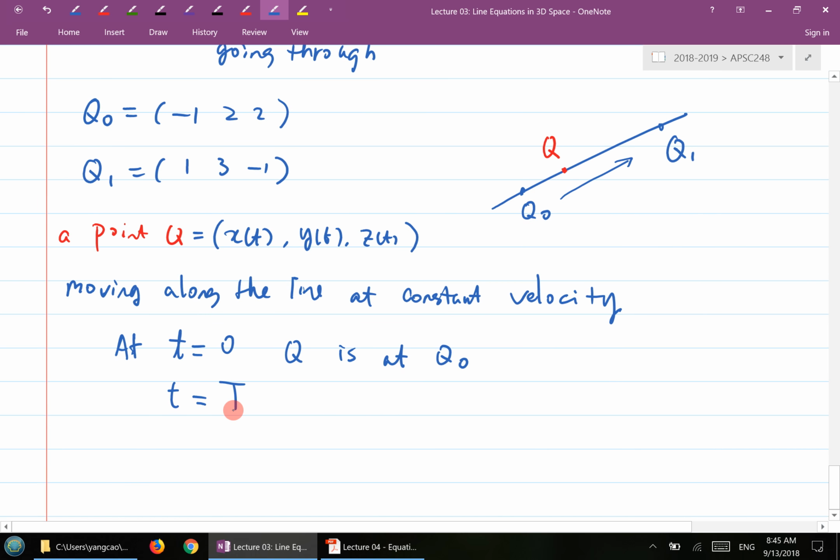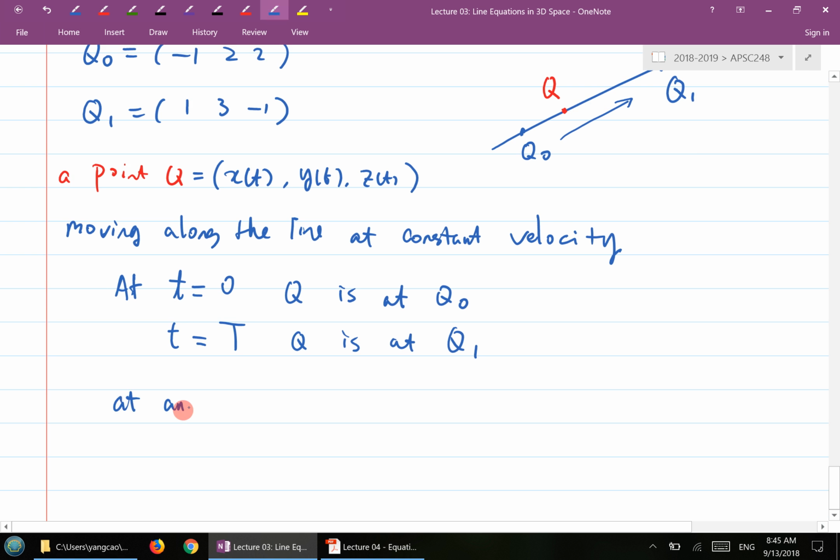After a certain amount of time, Q is at this Q1. So it really depends on the velocity, the speed it's traveling, and that determines how much time it takes from Q0 to Q1. So that's the idea.